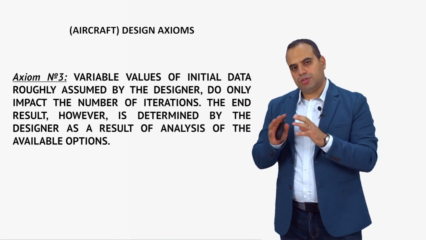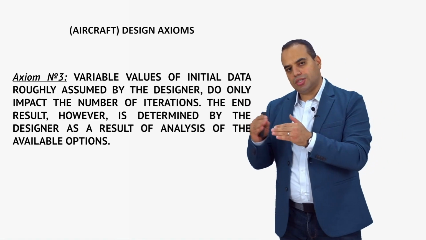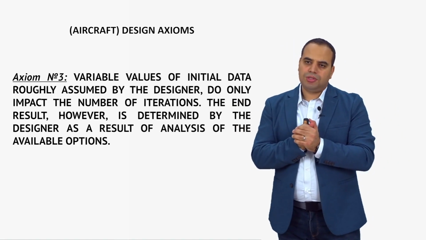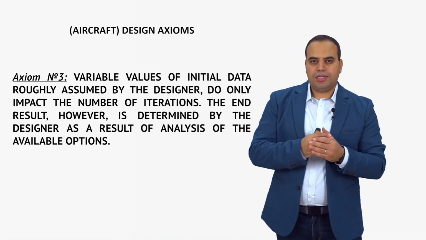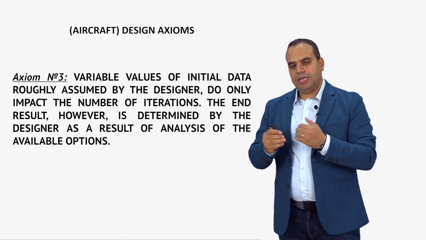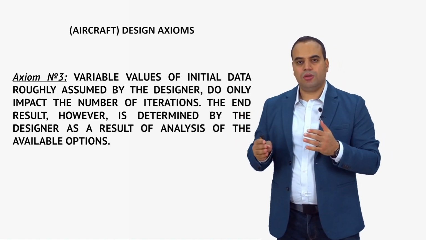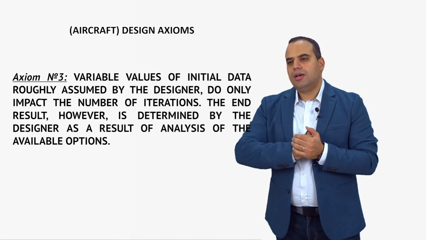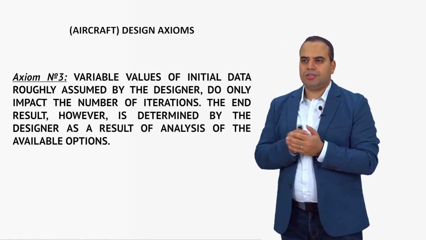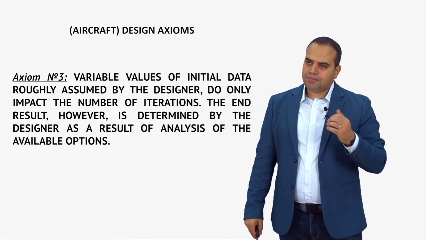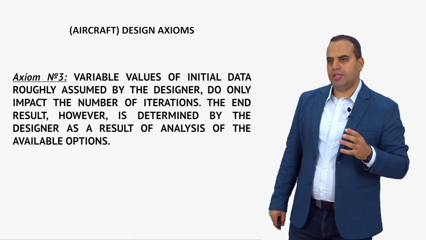So if our guess was pretty good, then only in a few iterations we can get to the final result. But if our guess was very bad, then it's going to take a little more time to get there, right? So that means that more iterations are required the farther away from the truth the initial guess was.